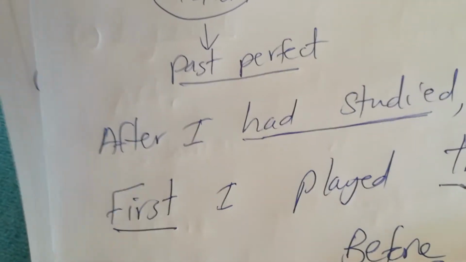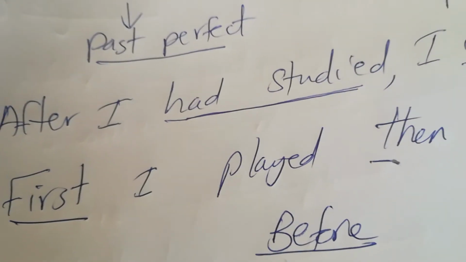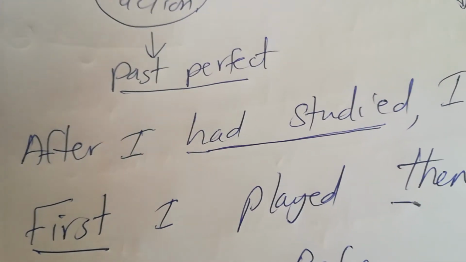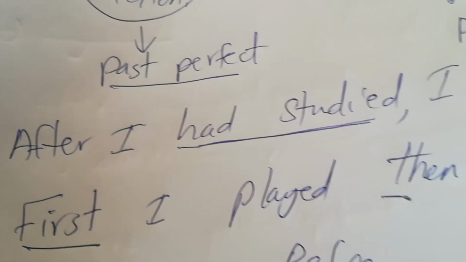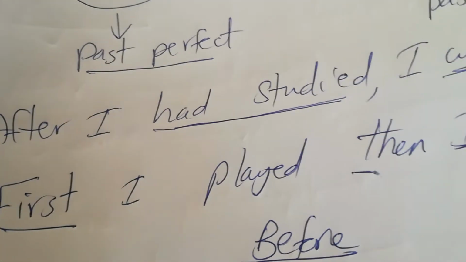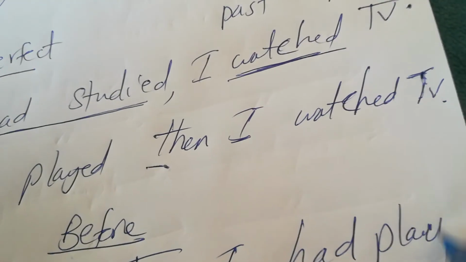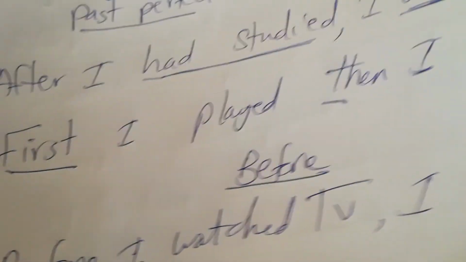Okay? Use here, for example, before or by the time. Before. After before, we should use past simple, past perfect. Before I watched TV, comma, I had played.